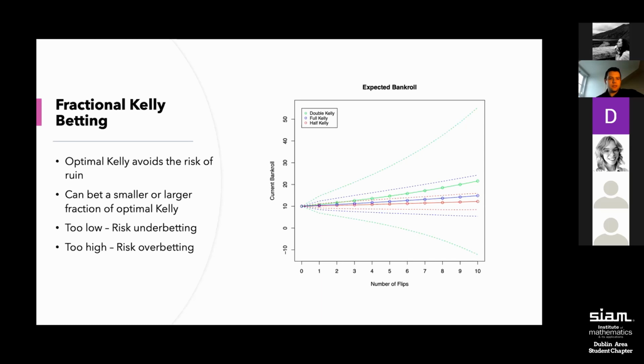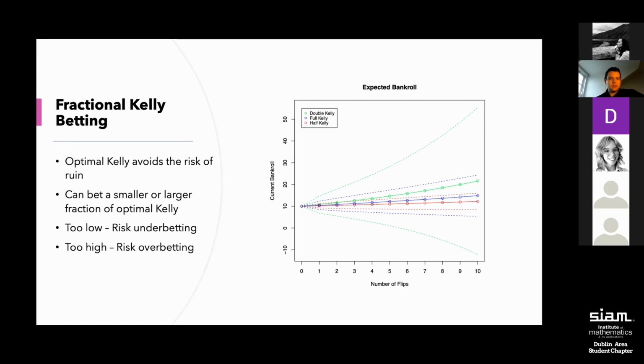And this can be seen in the plot here for the expected bankroll. When a coin is tossed 10 times, by the 10th toss, you can see that double Kelly, which is the green line, has a significantly larger increase in bankroll than both full Kelly and half Kelly.